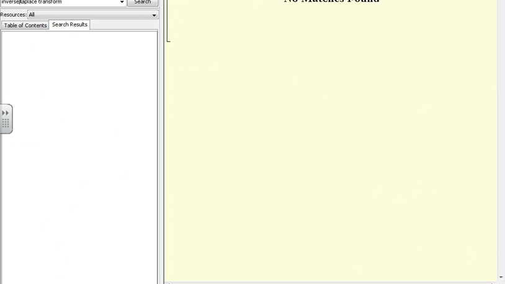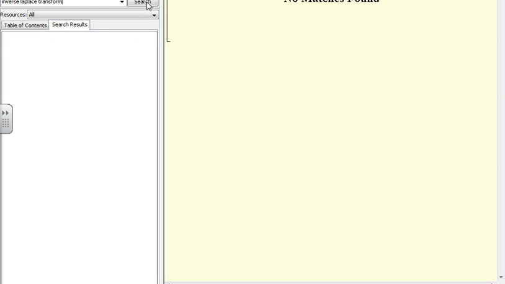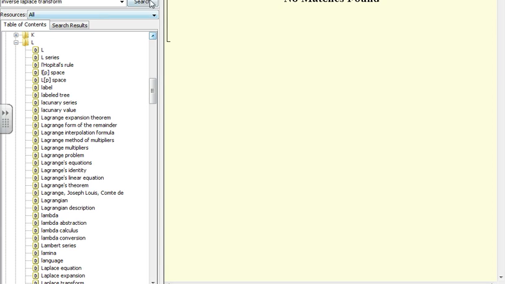What did I misspell? Okay, so there's the Laplace transform. Why can't I have inverse? Inverse, V-E-R-S-E. Is that the way I spelled it the first time? Way to go, table of content. There we go.